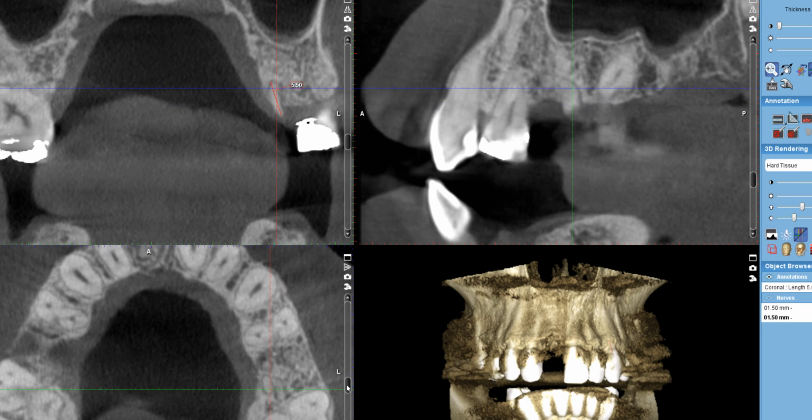Alright. Based on some of the example videos that I have previously made, and now that you've seen a number of cone beam CT scans, I hope you guys can pretty much agree with me that what you're seeing here is a retained root tip. Yes, so this is a root fragment that has been left behind after the extraction.